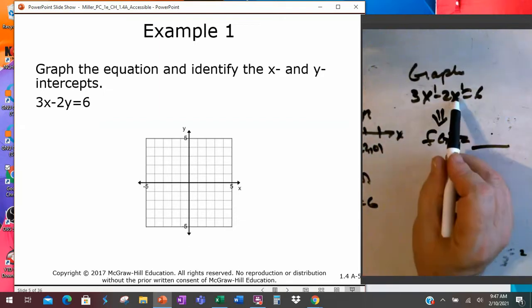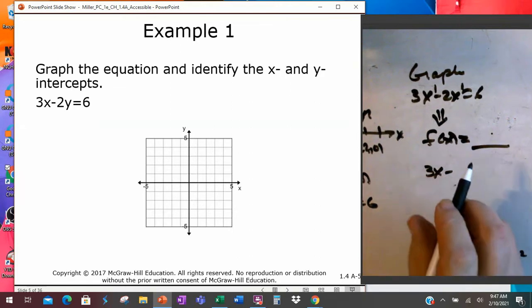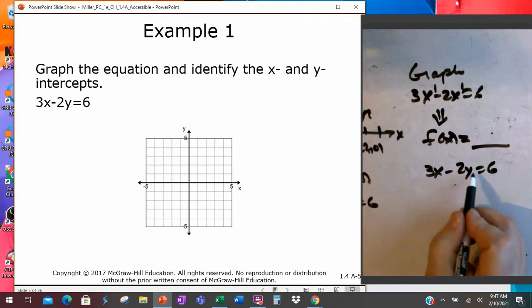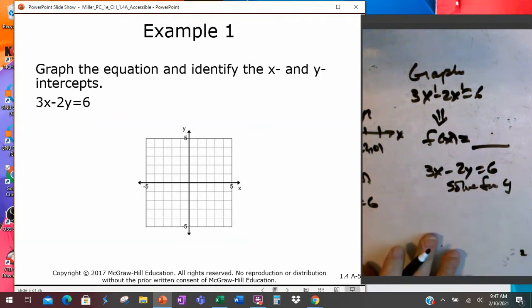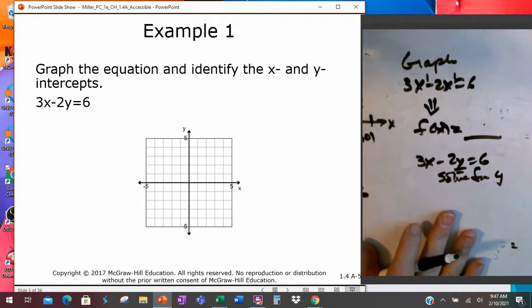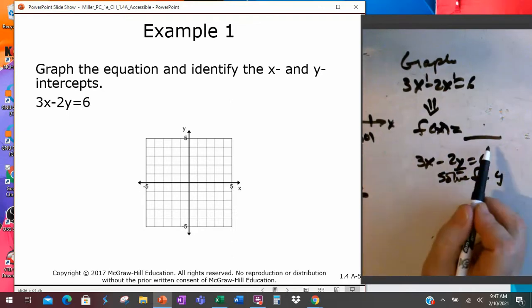Okay, so what I'm going to do is take 3x minus 2y is equal to 6, and I'm going to solve for y. We did a little bit of that when we were doing a review of solving for particular variables. I want y all by itself.